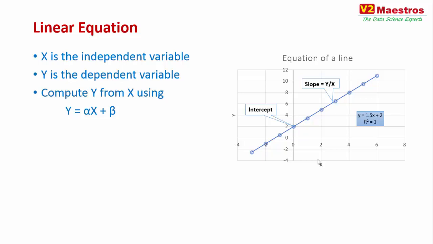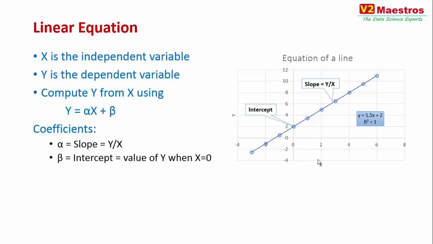So y is the dependent variable, or the outcome variable, or target variable. x is the independent variable, or the predictor variable. And you can write an equation where y equal to alpha x plus beta, and by determining the right values for alpha and beta, you can predict y by using the values of x.